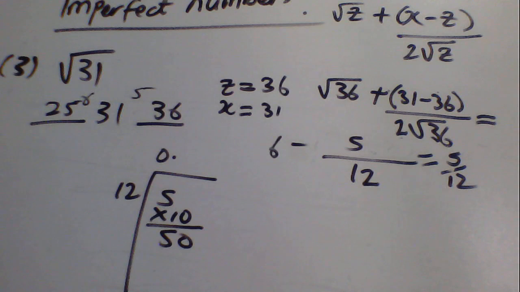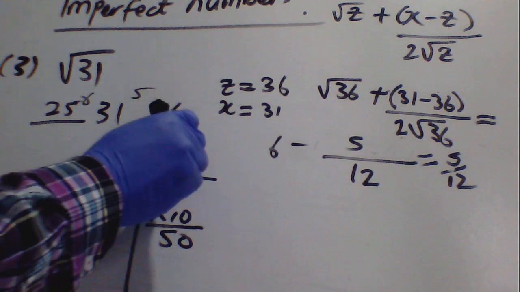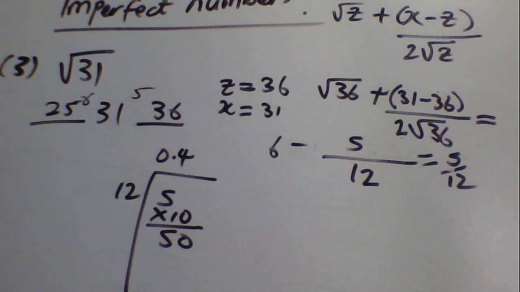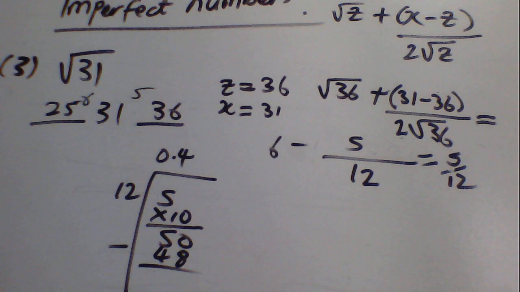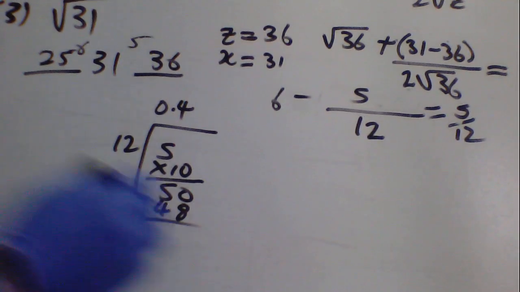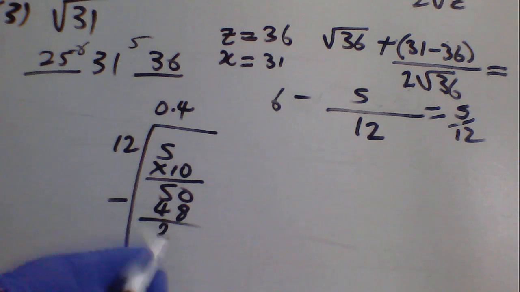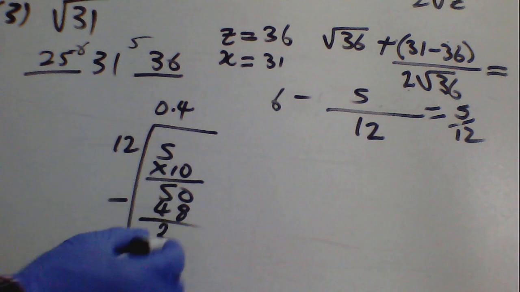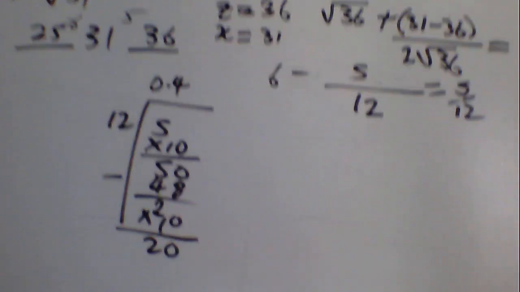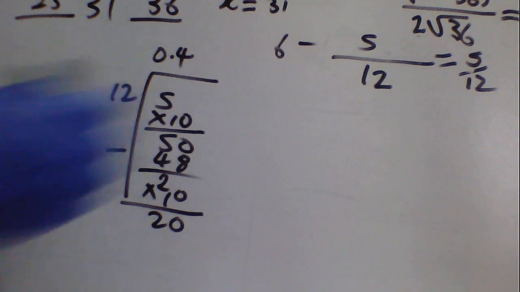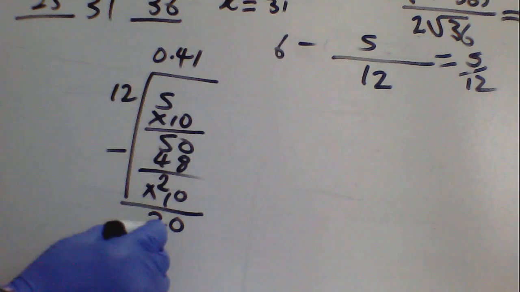That gives us 50. So 50 divided by 12 will give us 4. 4 times 12 will give us 48. You subtract, and 50 minus 48 will give us 2. 2 divided by 12 cannot go, so I multiply it by 10. I have 20. So 20 divided by 12 will give us 1. 1 times 12 will give us 12.